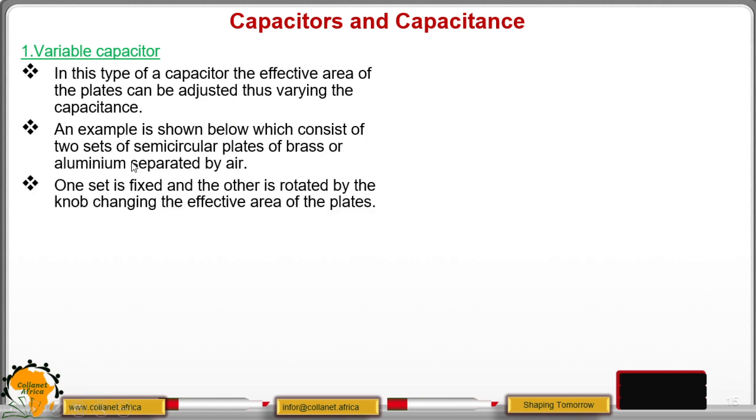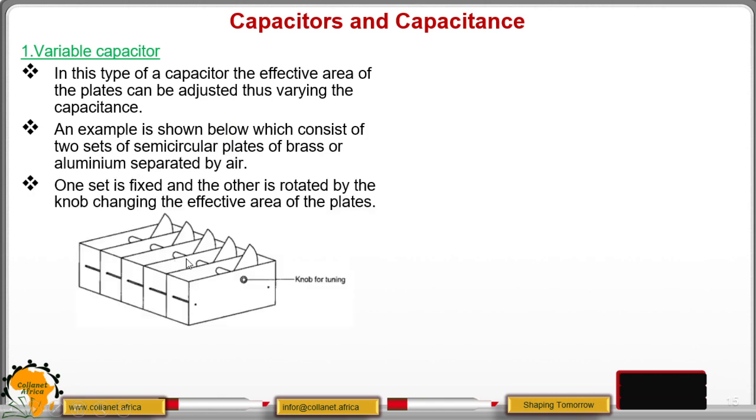We have an example here that is shown in this diagram. In this example, we have two sets of semicircular plates. It can either be plates of brass or aluminium, and in between them is separated by air. That is why we call it a variable air capacitor. So one set is fixed, and the other one is rotated by the knob.